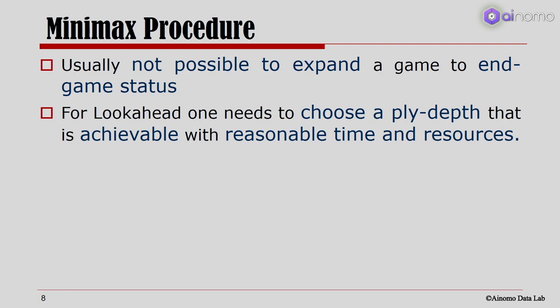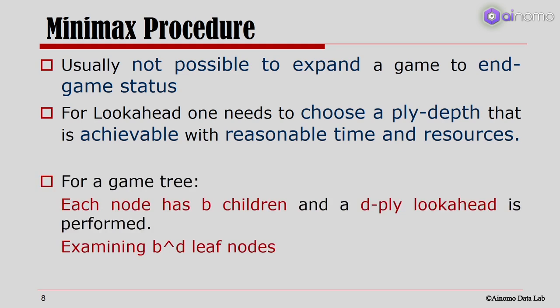Now we need to decide how much depth we will go when we are searching for the best first move. This is because of the following reason. For a game tree, each node has b children, let's say, and we are doing a d ply look ahead.